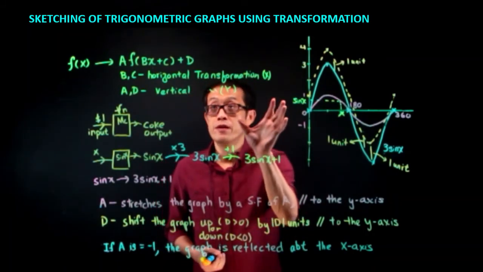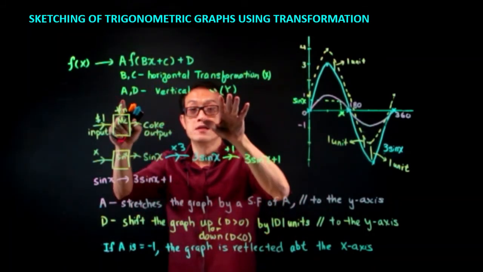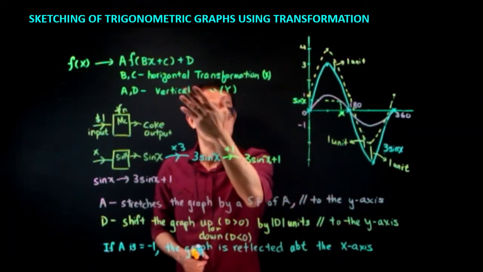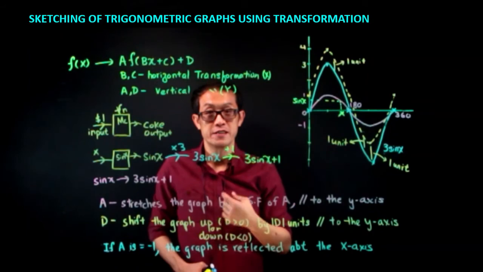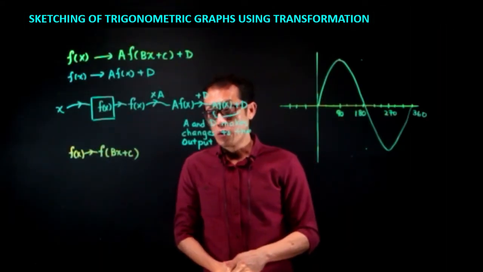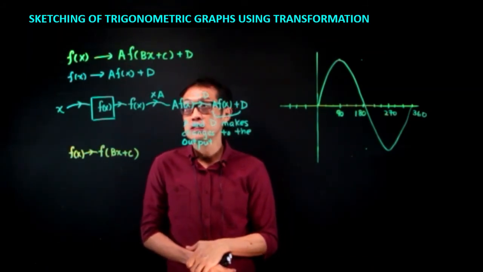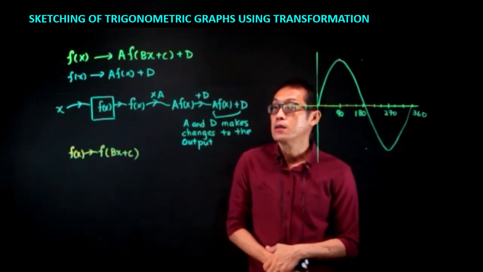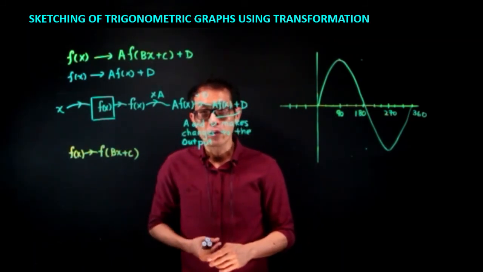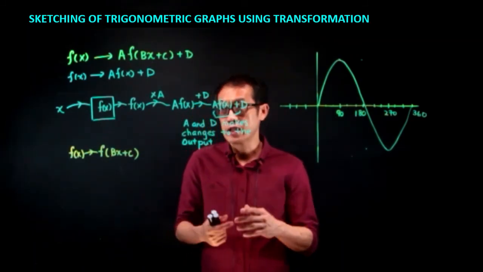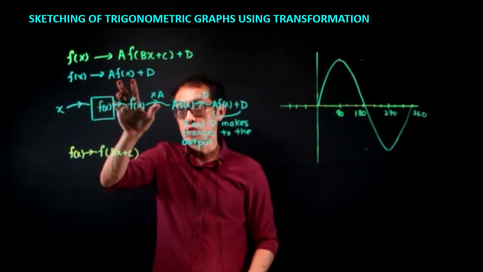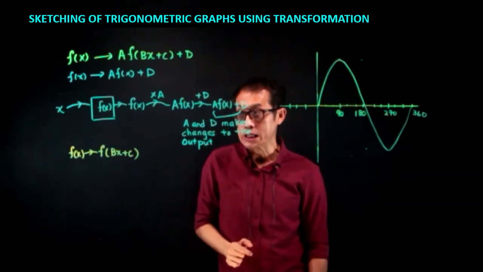Now we have more or less covered vertical transformation. Now we shall move on to horizontal transformation. Let's recall what we learned in vertical transformation. Let's say we want to transform the graph f of x to a f of x plus d.